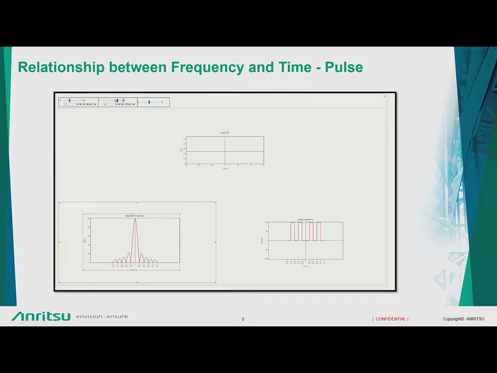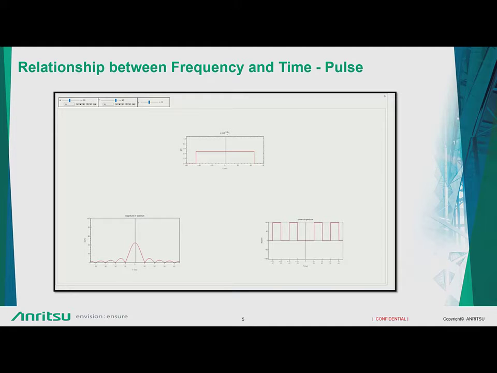But if I slowly and steadily reduce the pulse width, that means my pulse is getting narrower and narrower. As the pulse gets shorter or narrower in width, the spectrum content keeps on increasing. So the narrower the pulse, the more huge the spectrum content of that pulse is, right?